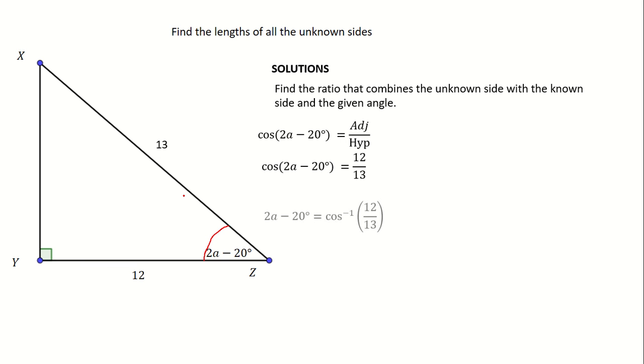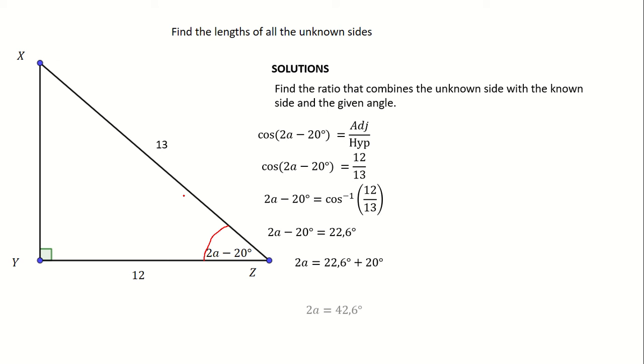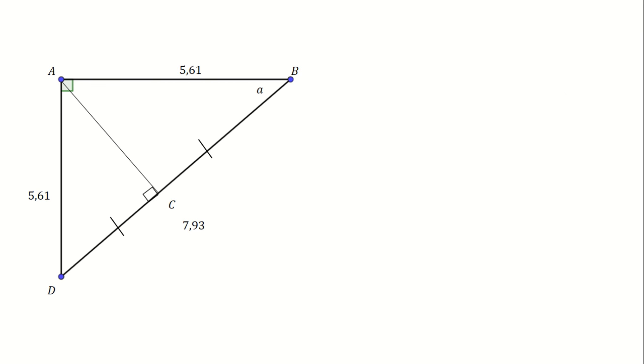Find the inverse cos of 12 over 13. It will give me 22,6. Solve for 2 alpha by taking 20 degrees to the right hand side. It will be positive, so I'll have 22,6 degrees plus 20, and that will give me 42,6, and then you divide by 2, it'll give me 21,3. That's all you are supposed to have done here.